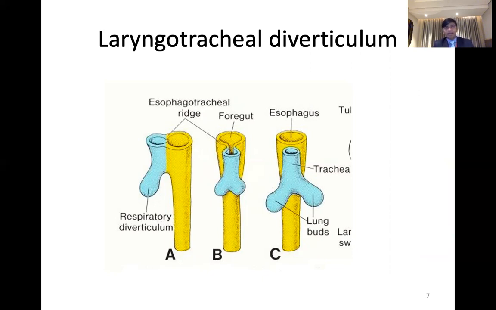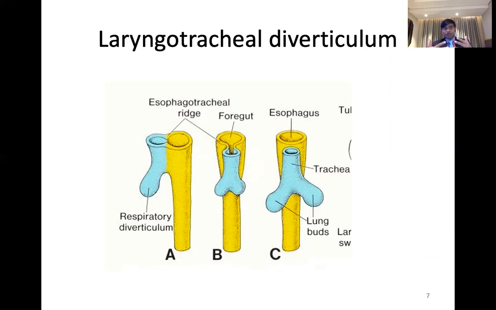Now, the groove deepens and its lips fuse. You can see in this diagram that the groove will further deepen and its lips will fuse from its caudal end to form a septum, which converts the groove into a tube, and we call it the laryngotracheal tube. This laryngotracheal tube, which was initially a diverticulum, has been converted into a tube.